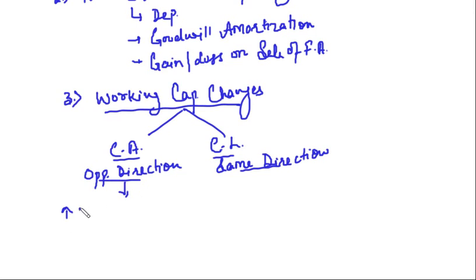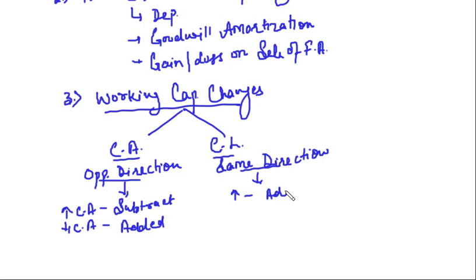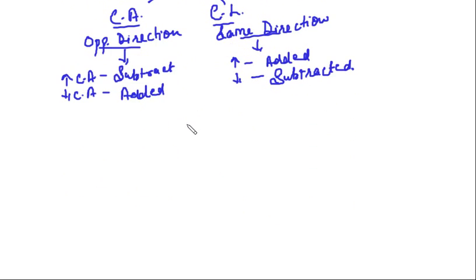Increase in current asset will be subtracted, and decrease in current asset will be added. For the current liabilities, they move in the same direction. Increase in current liability will be added and decrease in current liability will be subtracted. Clear? So these are the working capital changes.